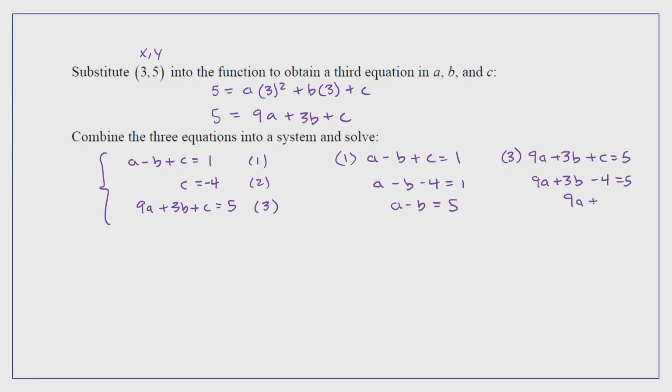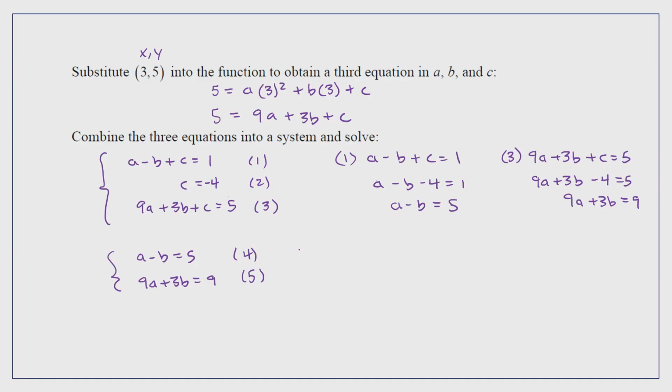So 9a plus 3b equals 9. Okay. So now we have our 2 system, a minus b equals 5, and 9a plus 3b equals 9. So we can use elimination, and we can eliminate b, or you can eliminate a, whichever one, but I'm going to eliminate b. So we have our new equations 4 and 5.